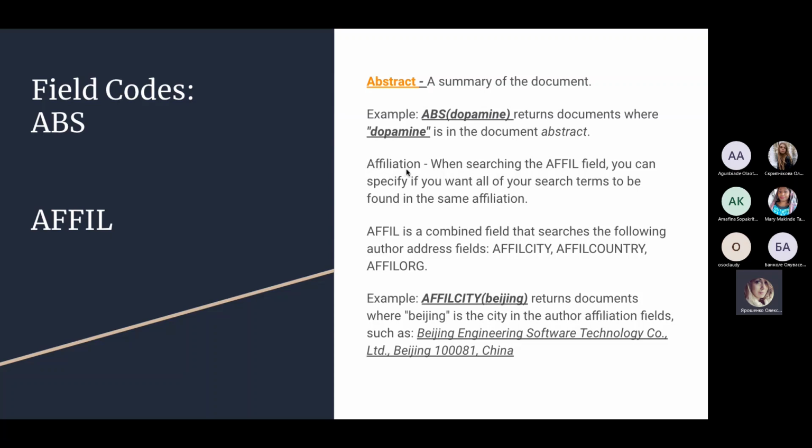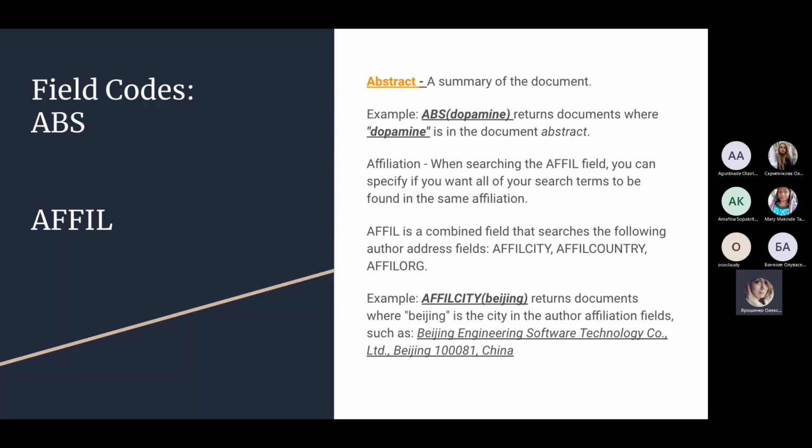When we search in the affiliation field, you can specify that you want your terms to be found in the same affiliation. For example, you can find all the documents about dopamine in the affiliation Kyiv-Mohyla Academy. As a result, we will see all the documents mentioning dopamine published by scholars from Kyiv-Mohyla Academy.